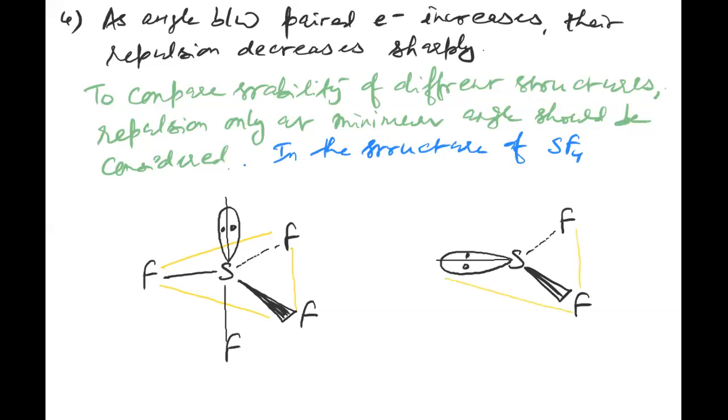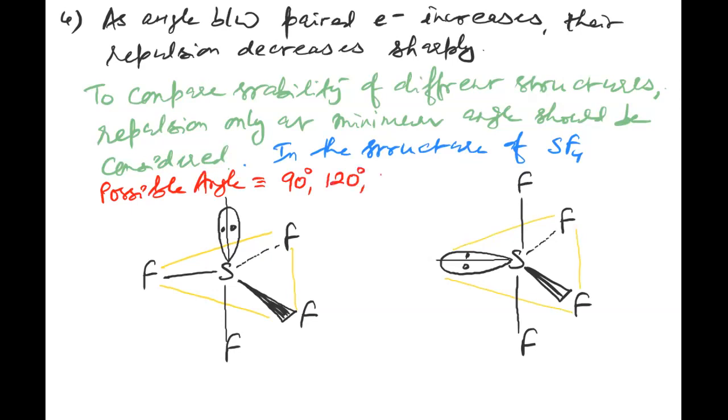So we have two different structures of SF4, and the possible angles here are 90 degrees, 120 degrees, and 180 degrees.